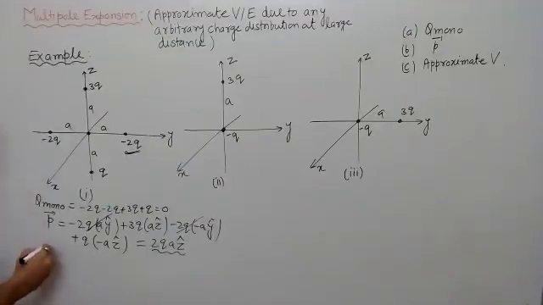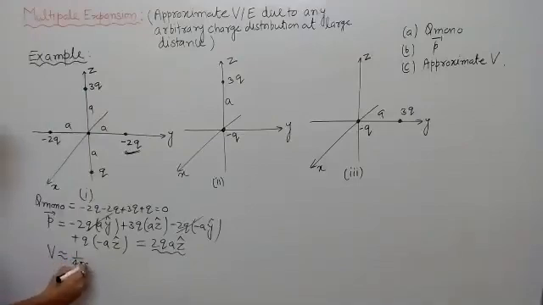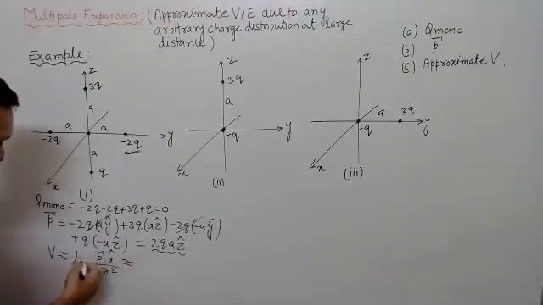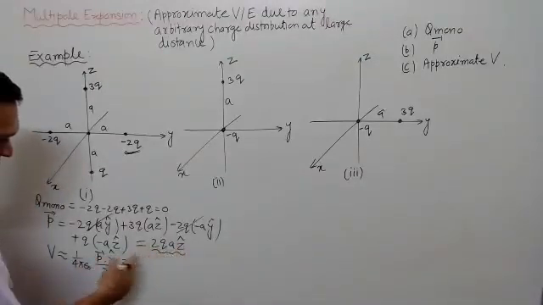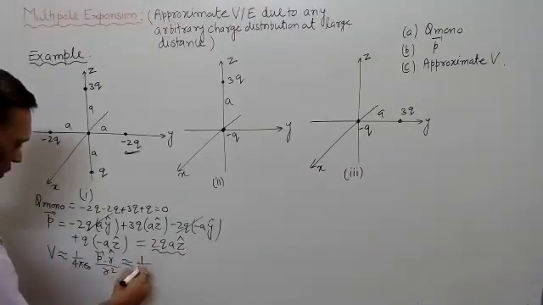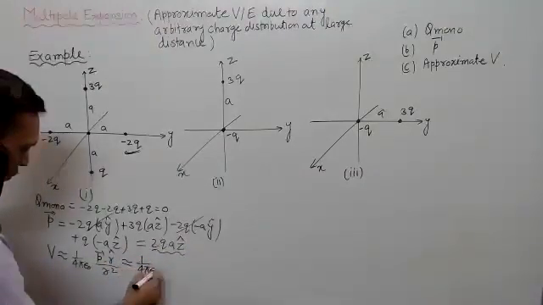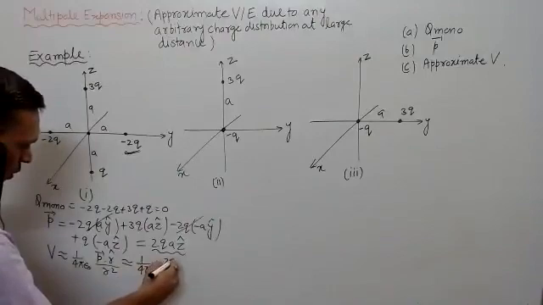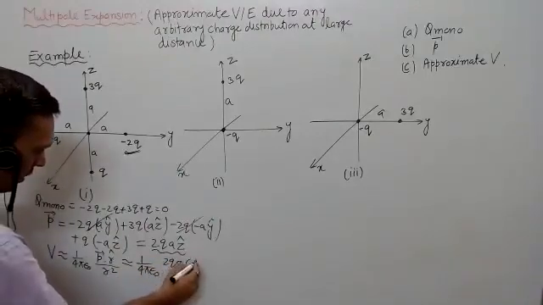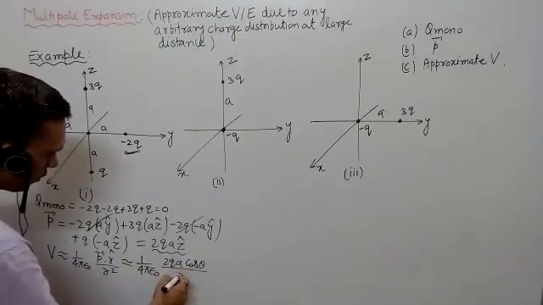So what will be the potential? Potential will be 1 by 4 pi epsilon 0, P dot r cap by r square. This is the approximate dependence. If you take the dot product, z cap dot r cap is cos theta. So you can write this as 1 by 4 pi epsilon 0, 2qa cos theta by r square.